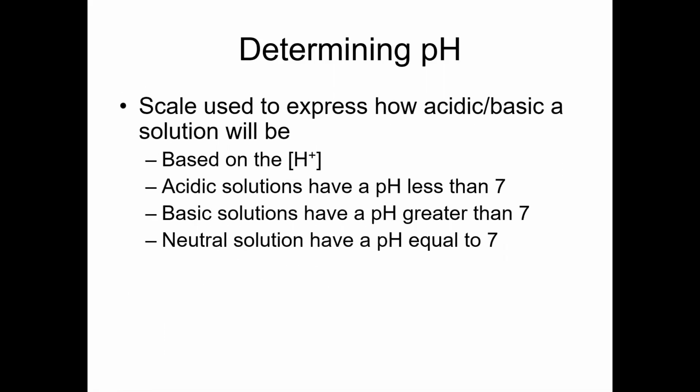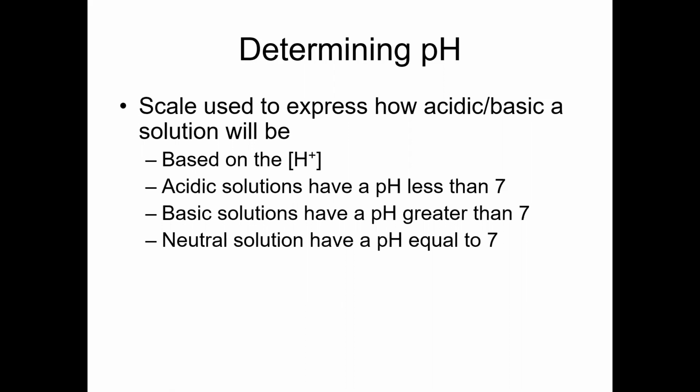Something you probably knew before we even started learning about acids and bases is that you are probably familiar with the pH scale. It's a scale used to express how acidic or basic a solution is. It is based on the concentration of hydrogen ions in a solution.